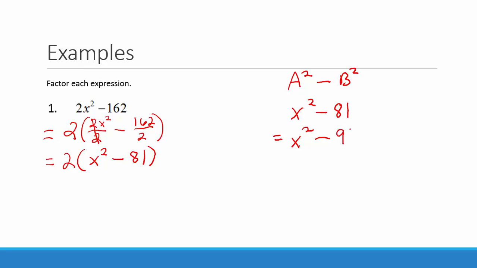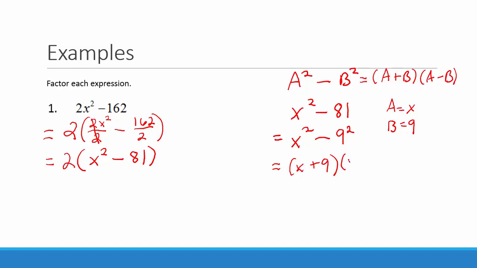So we can write 81 as 9 squared. So our a is equal to x, and our b is equal to 9. Recall, this is factored as a plus b times a minus b. So we'll use that to factor x squared minus 9 squared as x plus 9 and x minus 9.